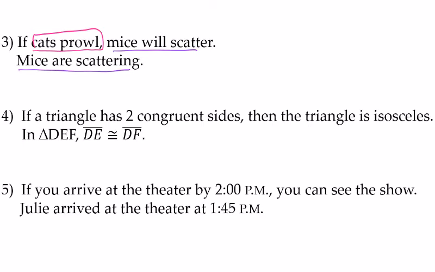So the law of detachment says if the hypothesis is true, we can conclude the conclusion must be true, right? But here, they're giving us the conclusion. And if we're given the conclusion, we cannot necessarily conclude that the hypothesis is true. Sometimes it may be true, but we cannot make that conclusion, all right? And so here we would say no conclusion.